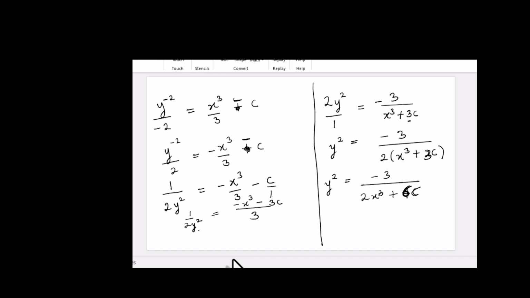And you can just divide through by 3. So y squared equals minus 1 over, let's say, minus 1 over 2 over 3 x cubed plus 2c.